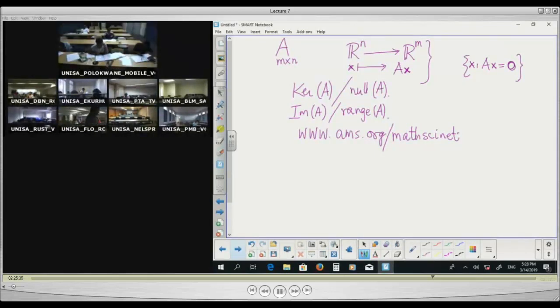Another sentence is, every linear combination of U, V, and W is an element of null A. Thus, {U, V, W} is a spanning set for null A. I don't think I understand what that means.